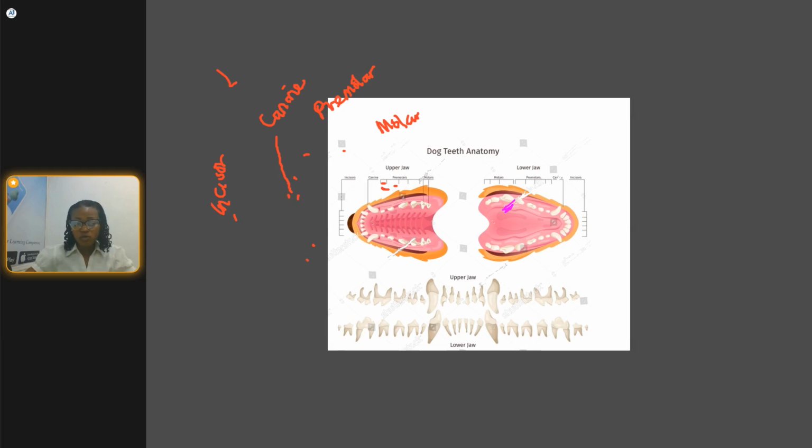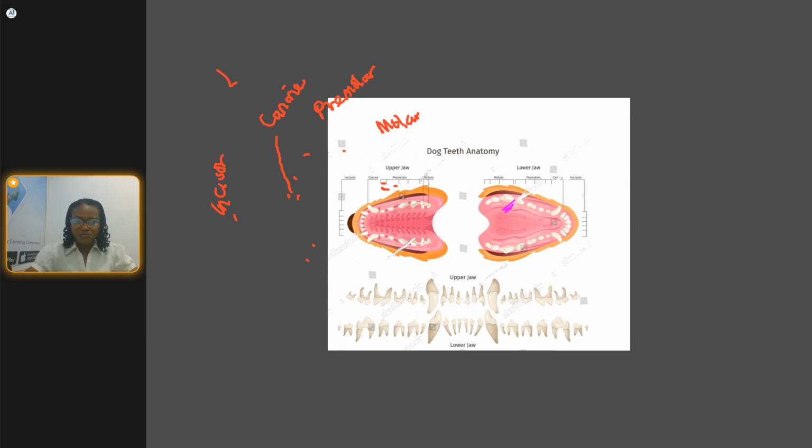That is the function of their teeth, the same function as that of human that I explained earlier. You have the upper jaw, we have the lower jaw, just as in human beings. So I believe you are familiar with this set of teeth for dog.